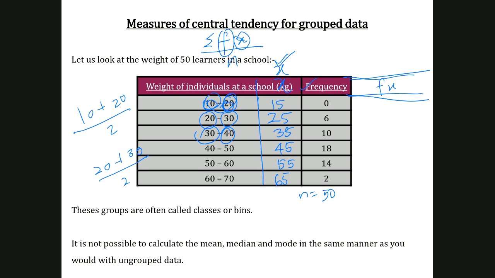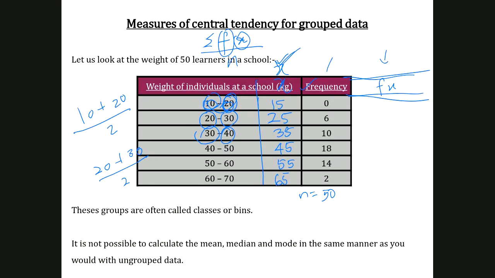Please make sure that in your exam you redraw these columns in your answer booklet. You don't have to do all of them, but make sure you have the frequency, the midpoint, and this last one here.